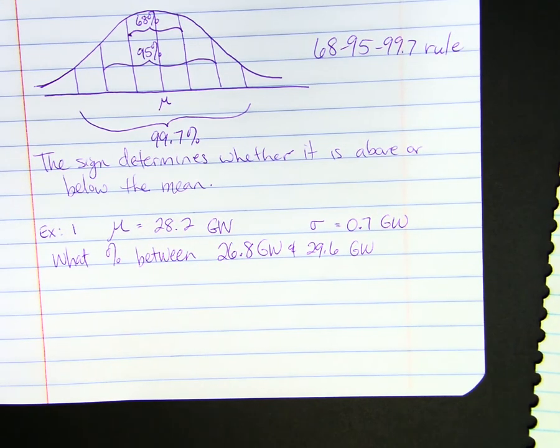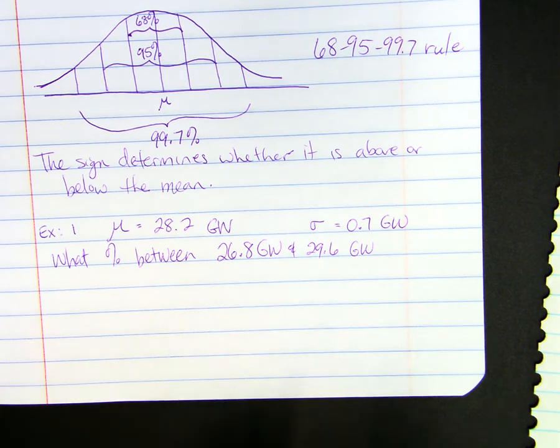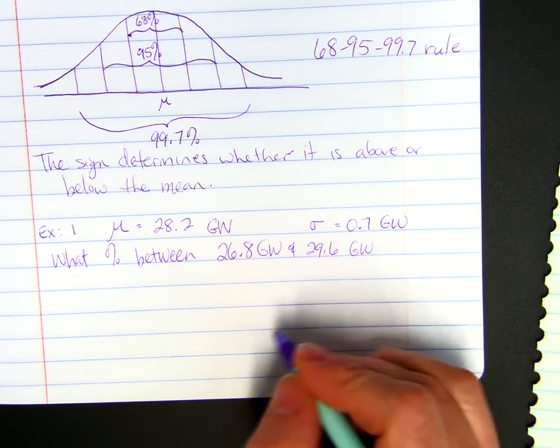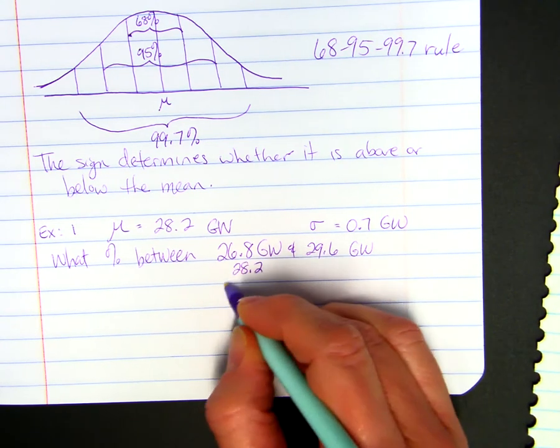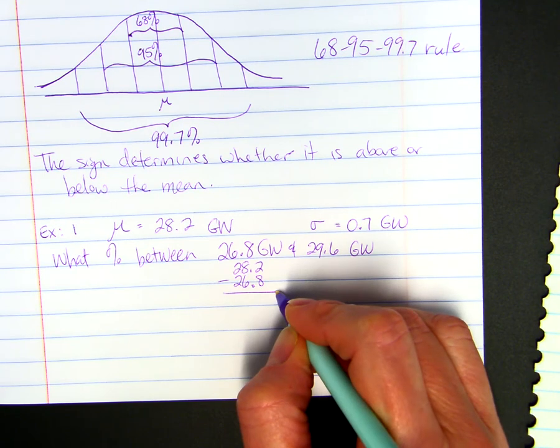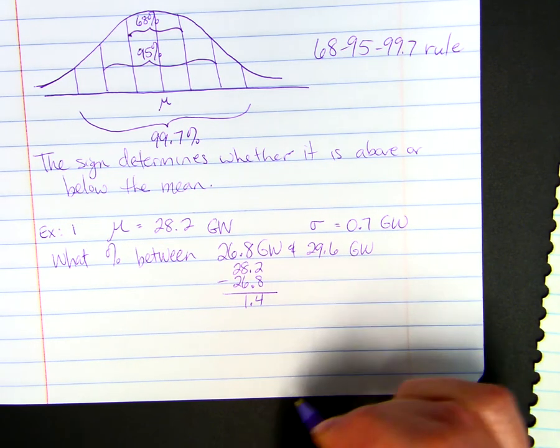What you do is figure out how many standard deviations it is away from the mean. I would take 28.2 and subtract 26.8 and get 1.4.